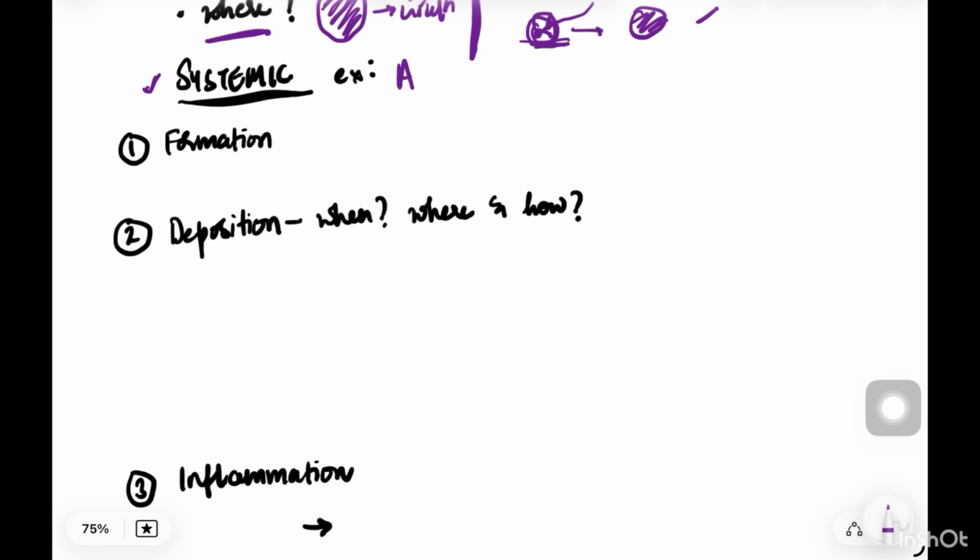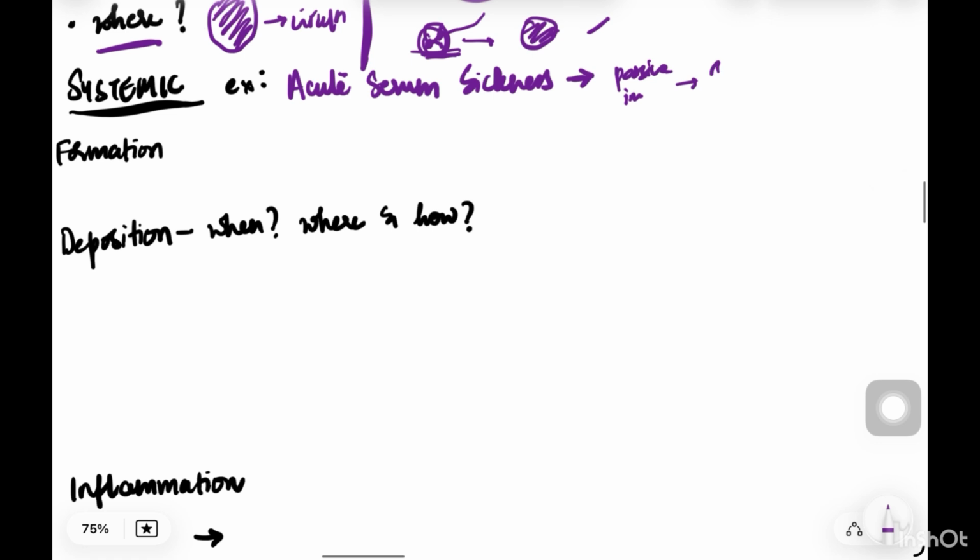Now, something called acute serum sickness can be discussed as a prototype of hypersensitivity type 3. Basically, back then, the way we used to passively immunize people sometimes was by using serum from other animals who were already immunized to other diseases. Like, for example, a horse that is immunized to diphtheria.